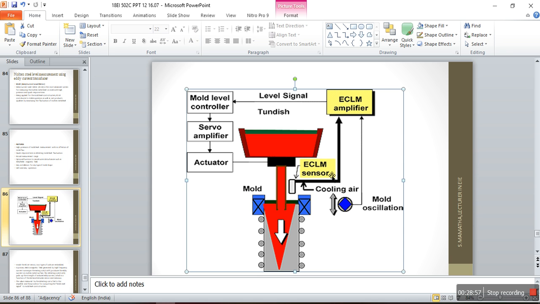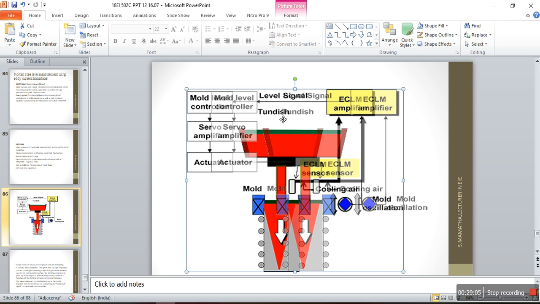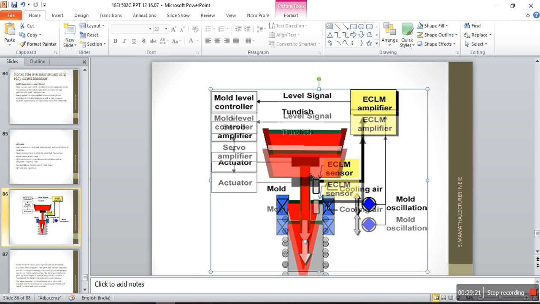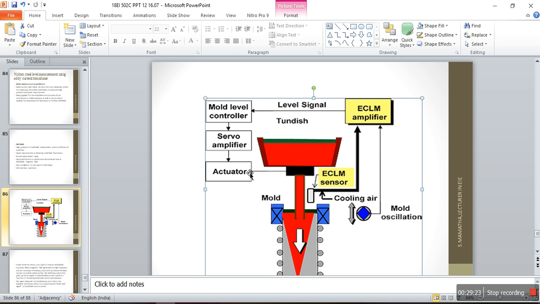The sensor output is given to the ECLM amplifier, that is the eddy current level monitoring unit. The output signal is given to the mold level controller, then to the servo amplifier, then to the actuator, which will move the control valve.